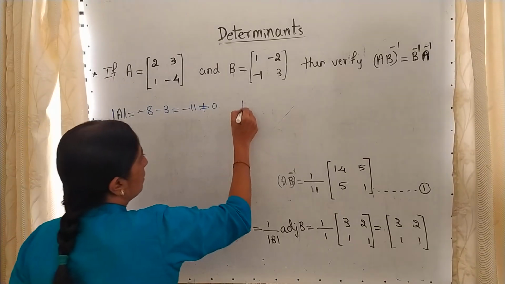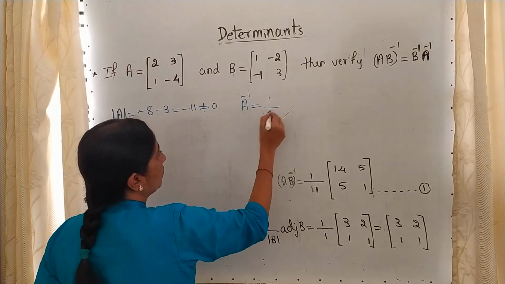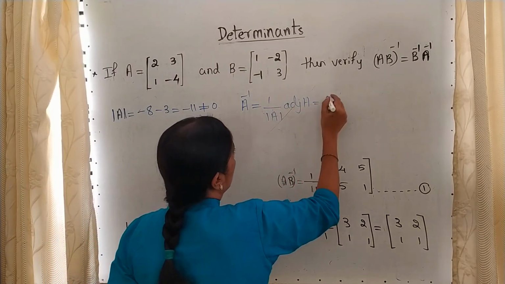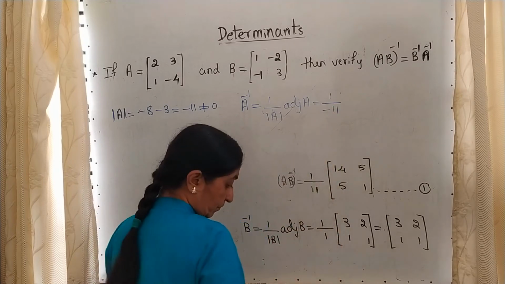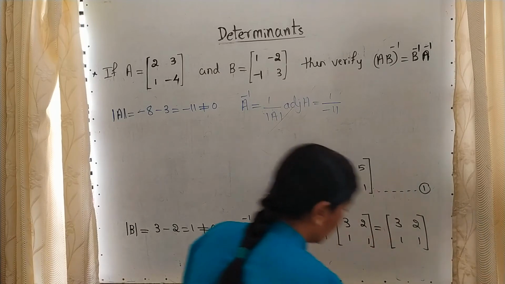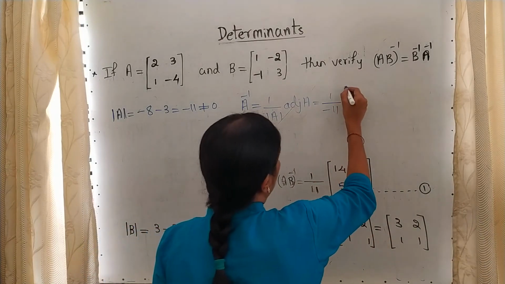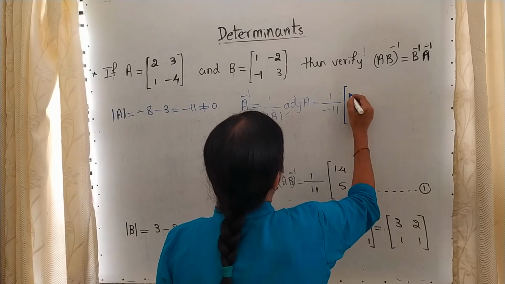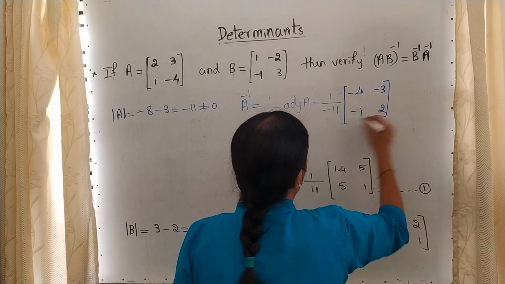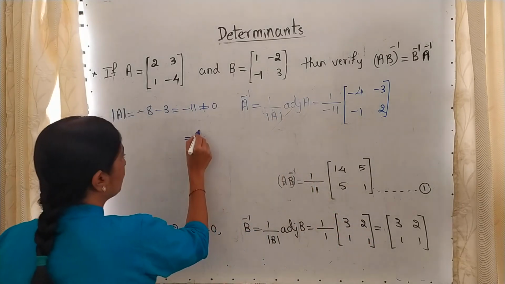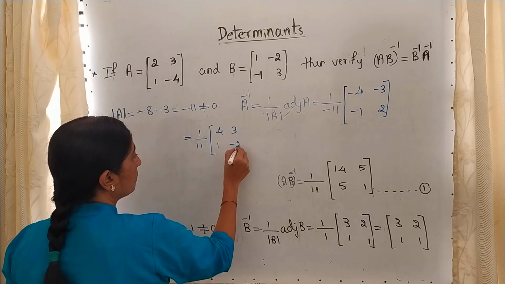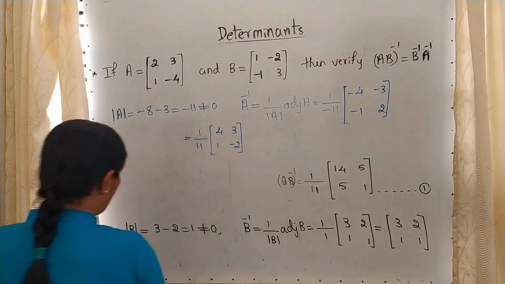So inverse exists. A inverse is equal to, here I am taking minus inside. So this is A inverse.